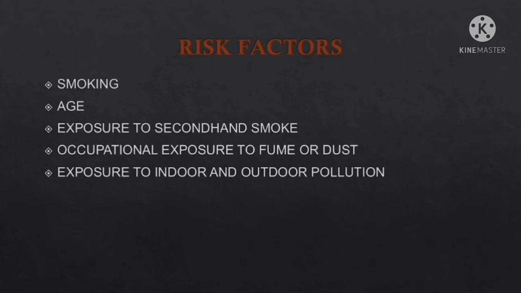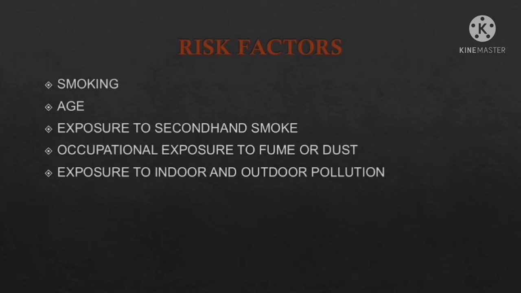Now, what are the risk factors? So first is smoking. Emphysema is most likely to develop in cigarette smokers. Then next is age. Most people with tobacco-related emphysema begin to experience symptoms of the disease between the age of 40 and 60, and exposure to second-hand smoke, which is smoke that you unintentionally inhale from someone else's cigarette.